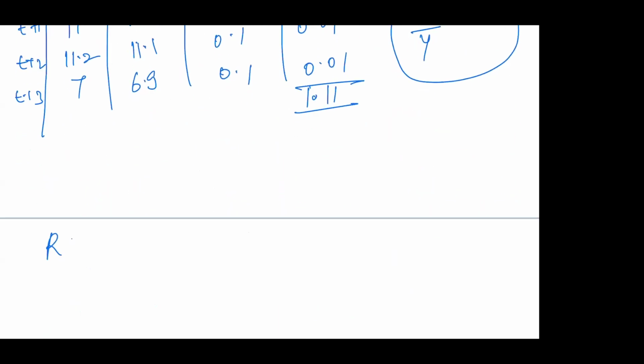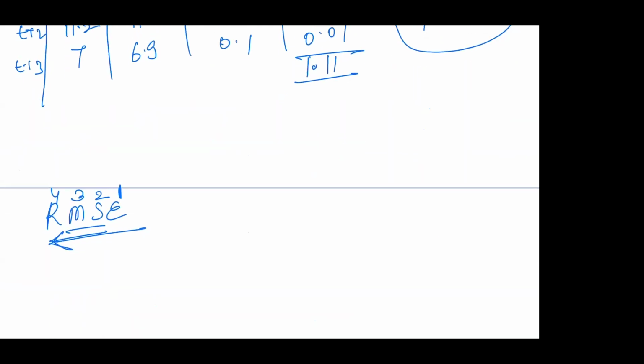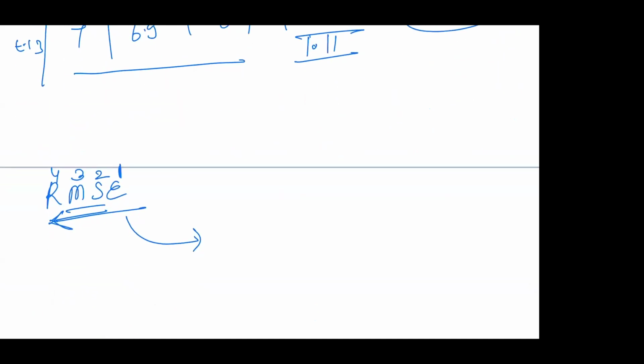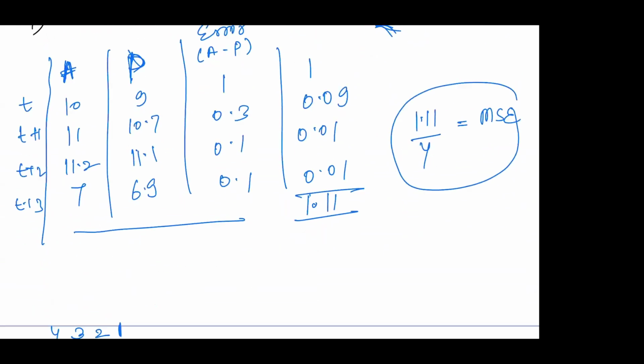Similarly, if we see root mean square error, we go in the reverse direction. First we calculate the error, square it, mean it, root it. So in this case we follow the same steps, and the extra step is taking the root of 1.1111 by 4, whatever the value, and we take that as root mean square error.